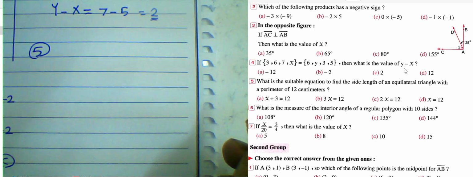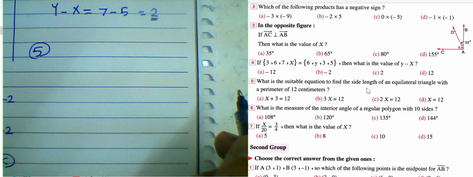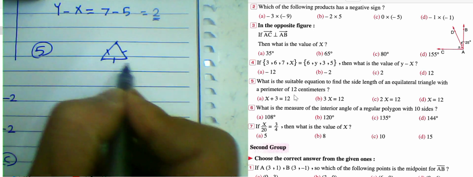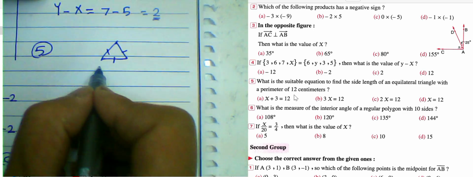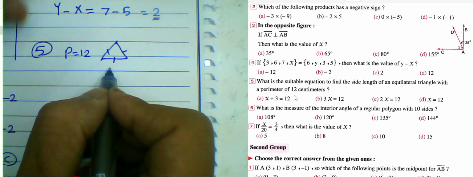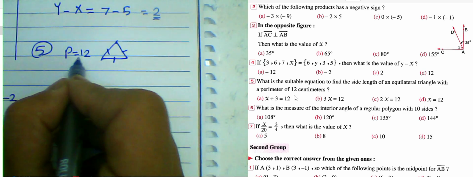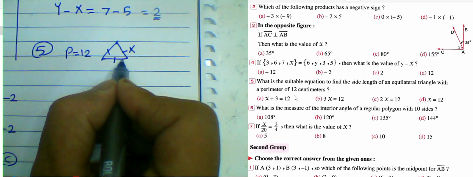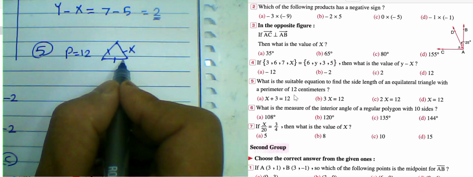Next, question number 5. What is the suitable equation to find the side of an equilateral triangle with a perimeter of 12 centimeters? We have an equilateral triangle, meaning all sides are equal in length, and he gives us the perimeter, which is 12.